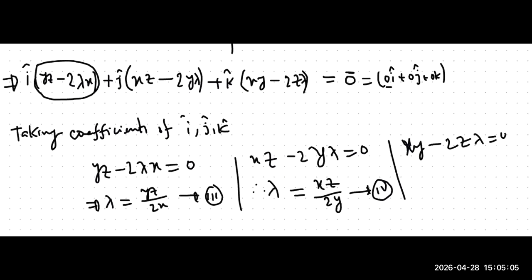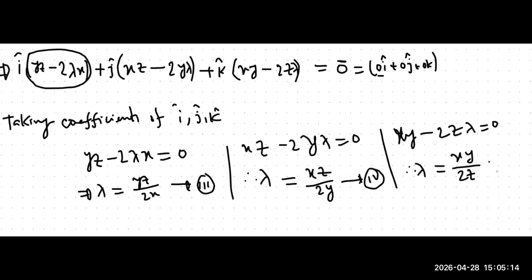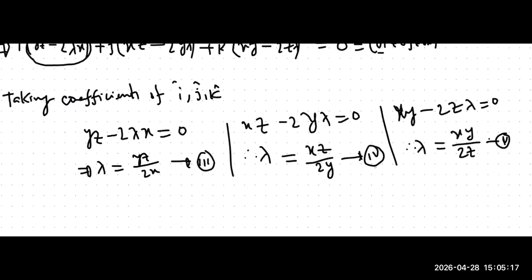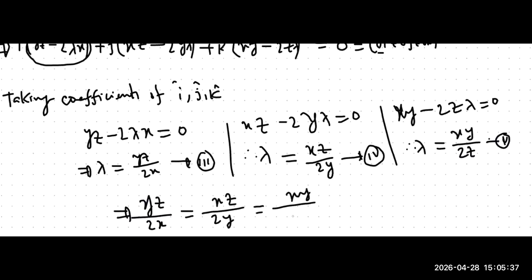So lambda is equal to xy divided by 2z. This is equation number 5. So since these values are lambda, তাহলে আমরা এখানে তার রাইট সাইডগুলোকে ইকুয়েট করে পাবো yz divided by twice x equal to xz divided by twice y equal to xy divided by 2z.